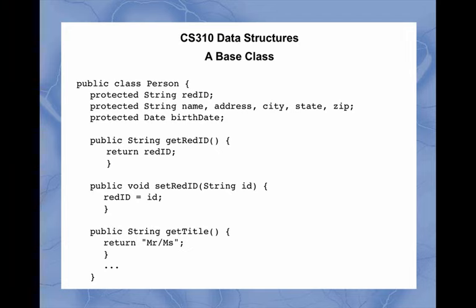Everybody has a name, an address, city, state, zip. Everybody has a birth date. Therefore, we can locate these properties in the base class and then inherit them when we extend this base class to other subclasses. So the getRedID, setRedID, getTitle, these will be inherited down the chain.